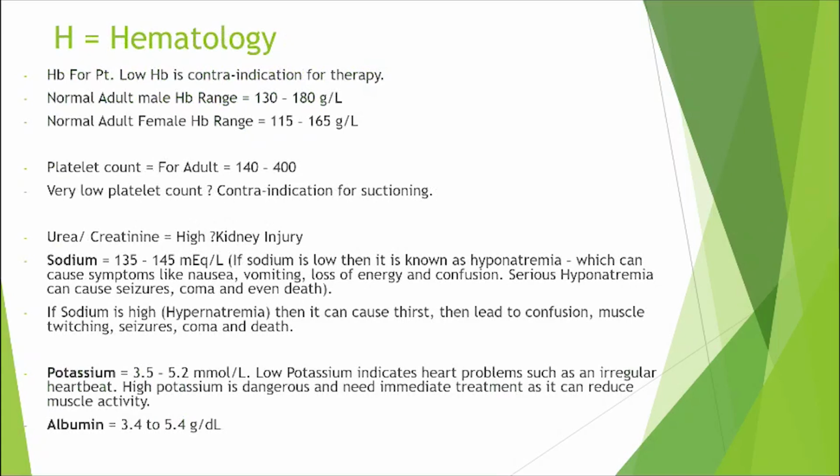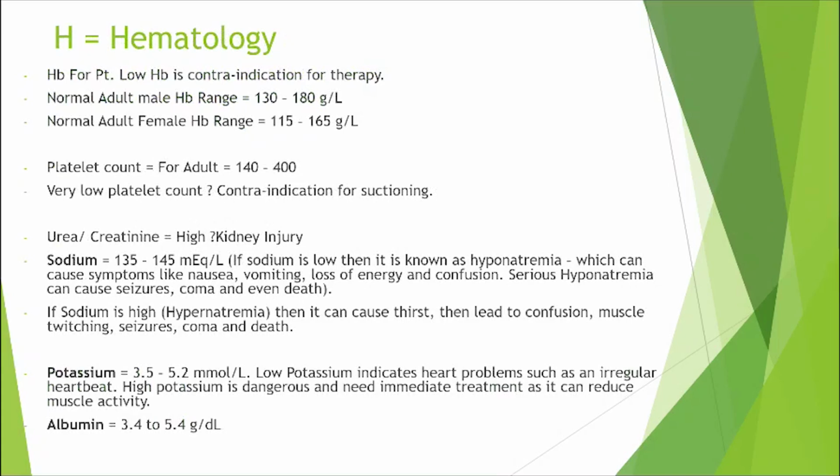If sodium is high, it is known as hypernatremia. It can cause thirst, then lead to confusion, muscle twitching, seizure, coma, and sometimes death as well. That's why sodium level is important. Then potassium level, which is between 3.5 to 5.2 millimoles per liter. Low potassium indicates heart problems such as an irregular heartbeat.